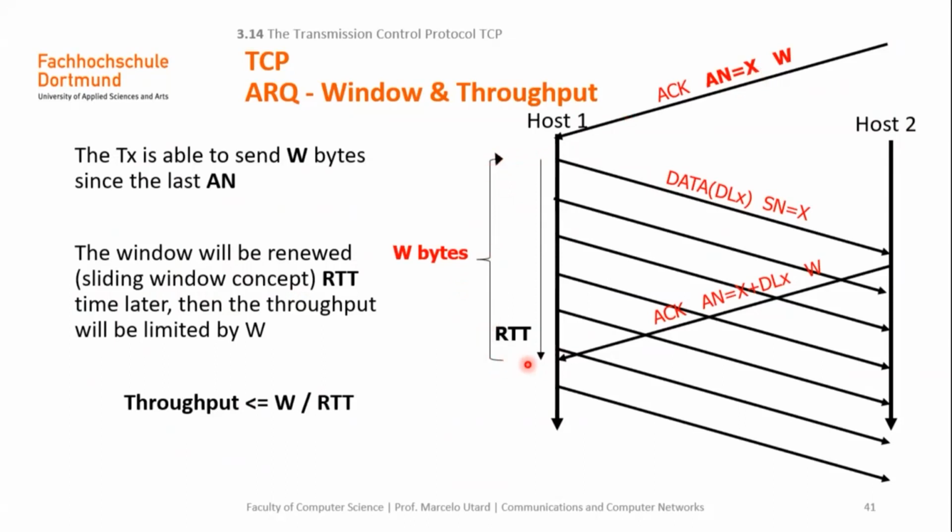But if we want to continue to send other bytes, we need to receive the acknowledgement of the first bytes in order to continue to send more bytes, and then the window will slide, and we will use all the bandwidth of the network, of the channel.